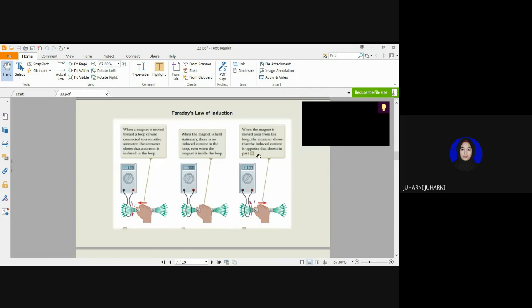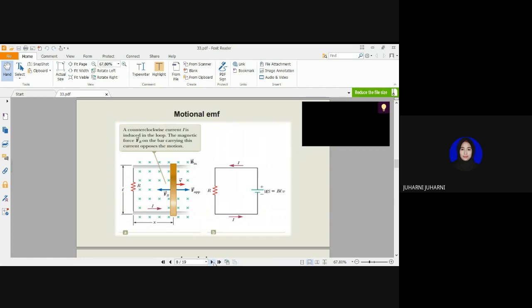And when the magnet is moved away from the loop, the ammeter shows that the induced current is opposite to that shown in part A here. And this one is electromagnetic force.